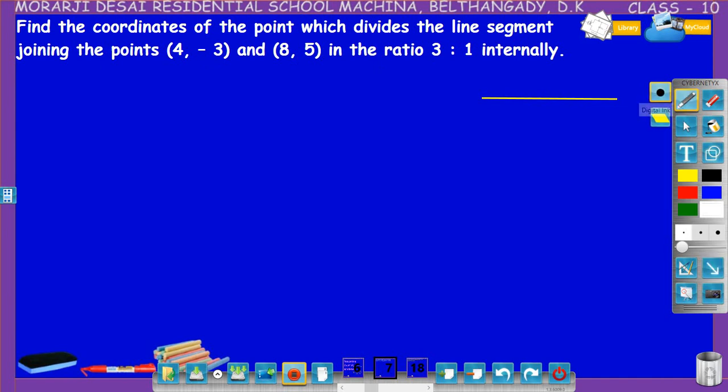In this problem, endpoints of the line segments are given, that is 4, -3 and 8, 5. And ratio is given, that is 3:1.